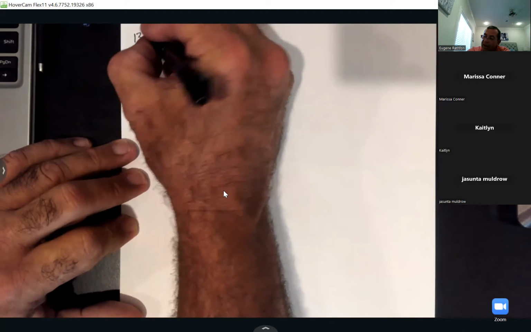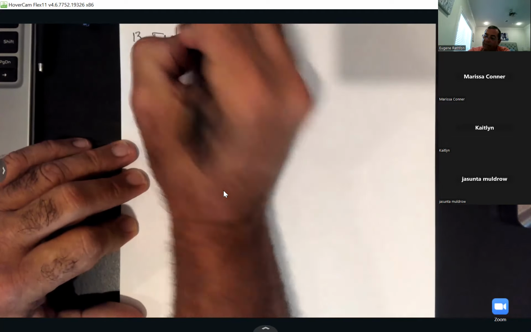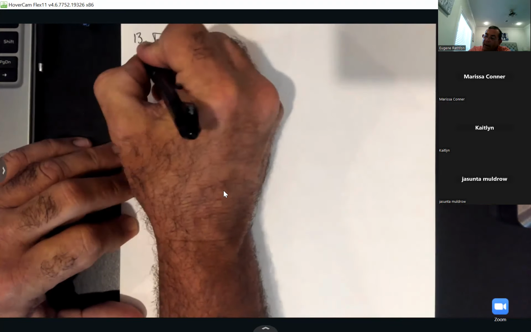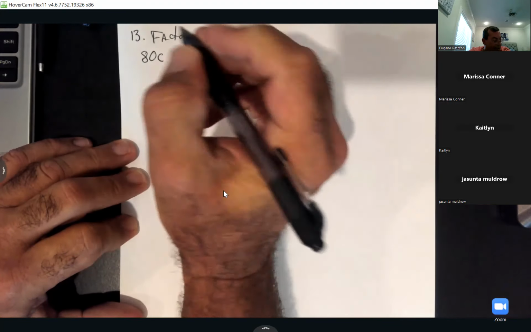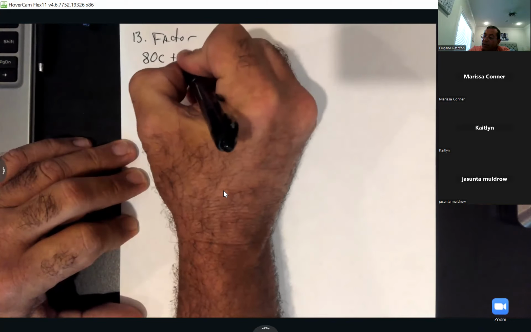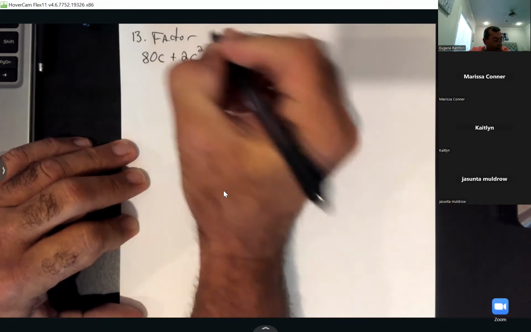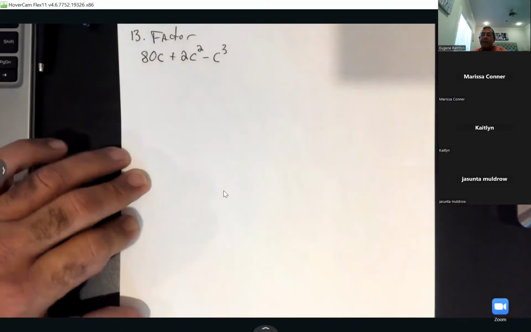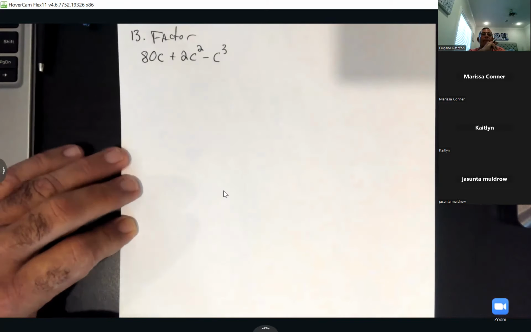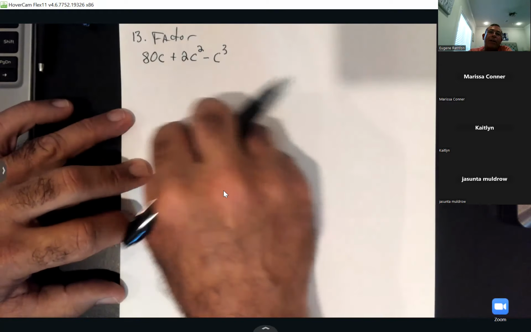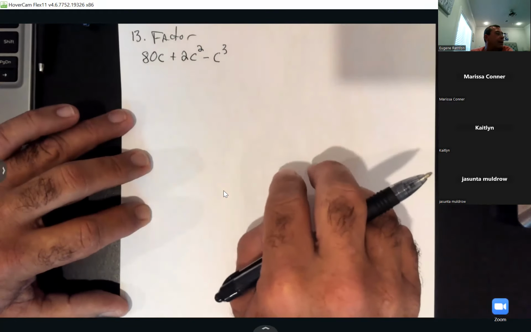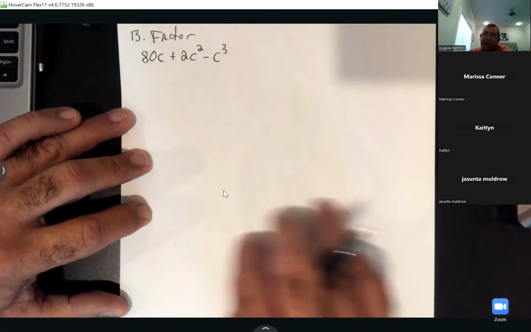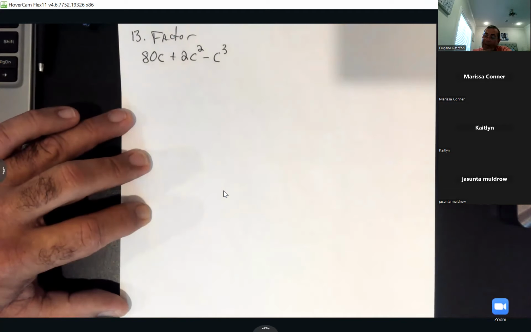Oh, y'all, look at this, factor again: 80c plus 2c squared minus c to the third. Y'all, we're going to get good at factoring because next week we got a lot of factoring we're going to be doing again next week, okay?